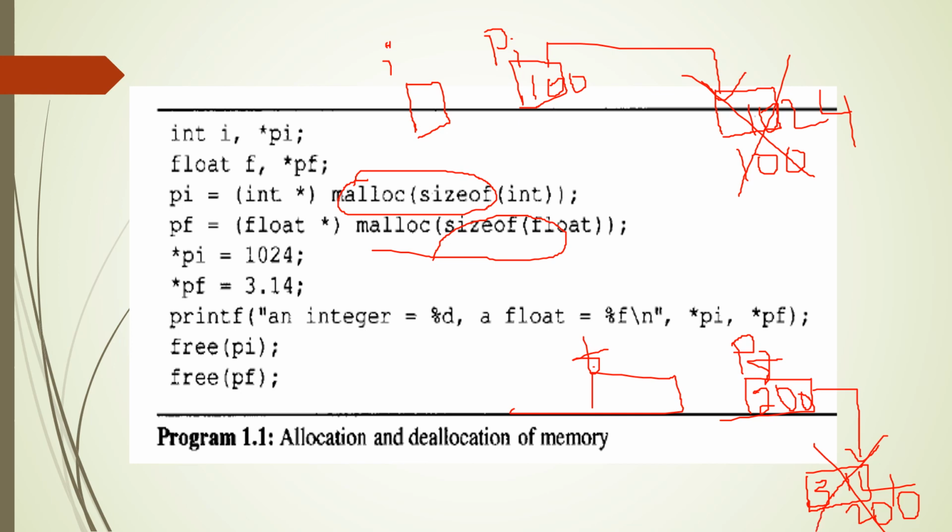Soon after the program gets terminated, all the variables created at the time of compilation will be deallocated automatically. So for this, there is no need of having any statement. These blocks will be deleted automatically soon after the program gets terminated.